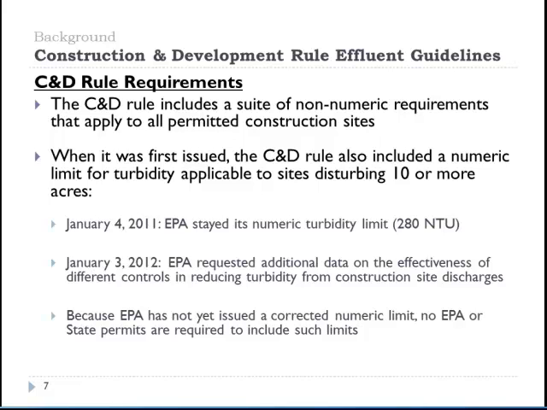This past January, EPA requested additional data on the effectiveness of different controls relating to turbidity from construction sites, and the purpose of this is to look into more current data that might support a numeric limit down the road. And EPA thanks those of you who submitted comments and data and other information, and we'll be evaluating that data moving forward.